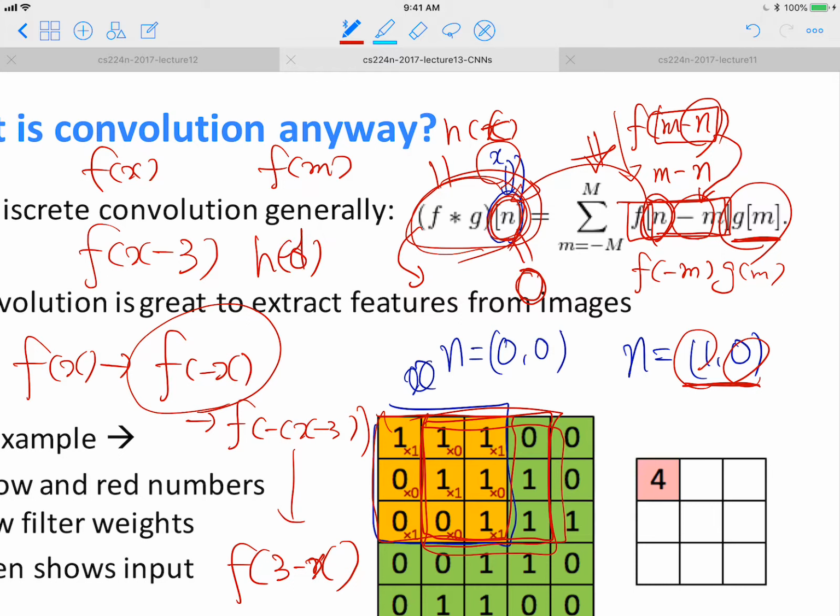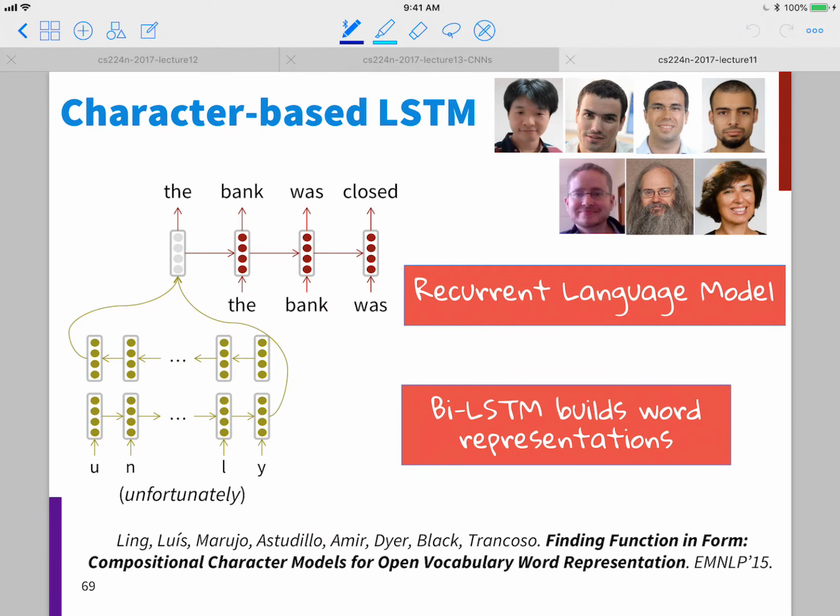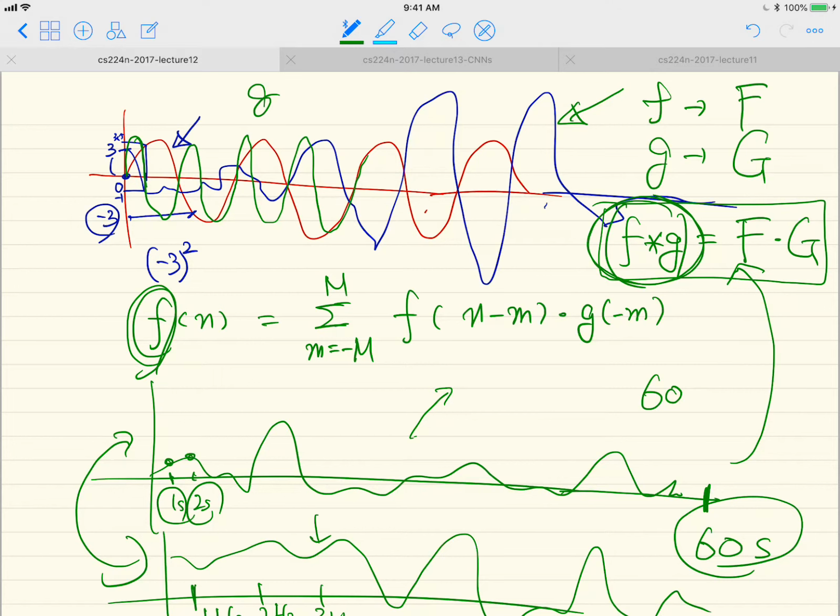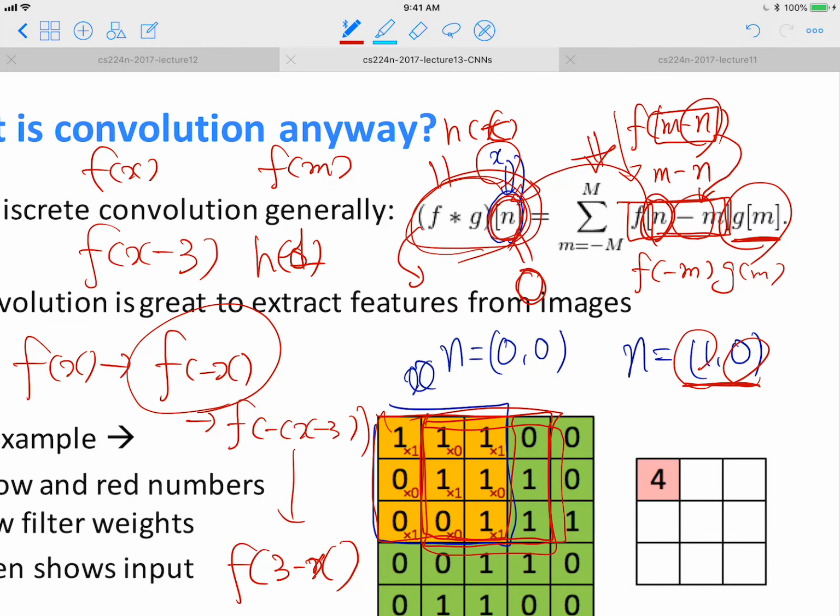And what about h of 1? It is also flipping it, and then we flip it and shift it to the right by 1, and then do the convolution. That inner product value will be the output scalar value corresponding to h of 1.